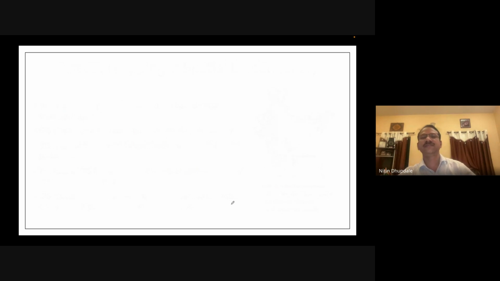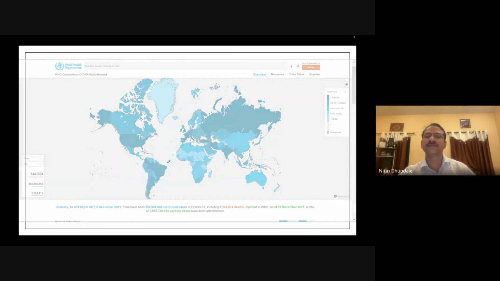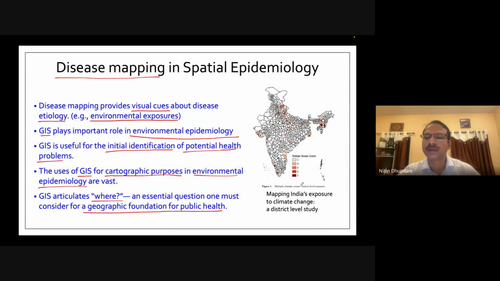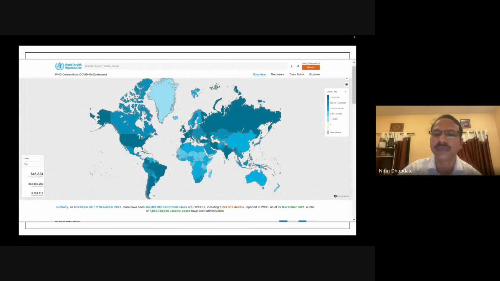So if you see this, this is a map of the climatic exposures. Okay, climatic exposures by multiple climatic events which have taken place in the country. So this is a map example of how the disease mapping helps us. This is the very famous WHO COVID-19 dashboard, and it showed how the COVID-19 was spreading across.